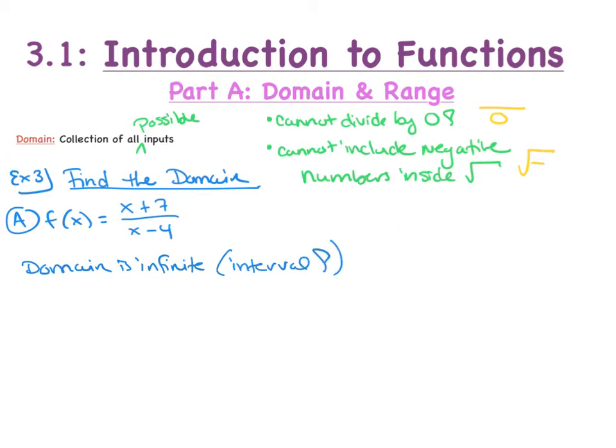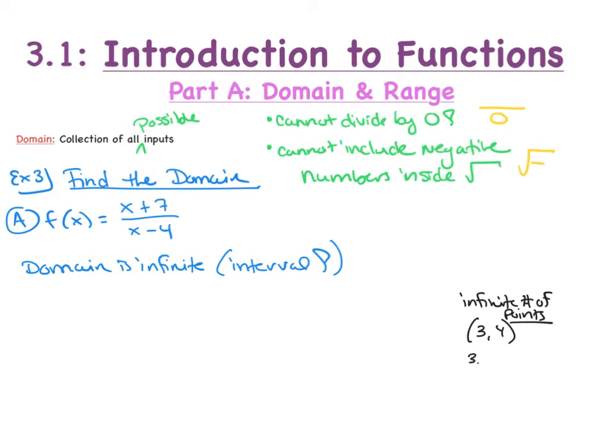Infinite, by the way, doesn't necessarily mean there's the number infinity. Just as an aside, if I were to list the interval of all numbers between 3 and 4, there are an infinite number of points in this interval.